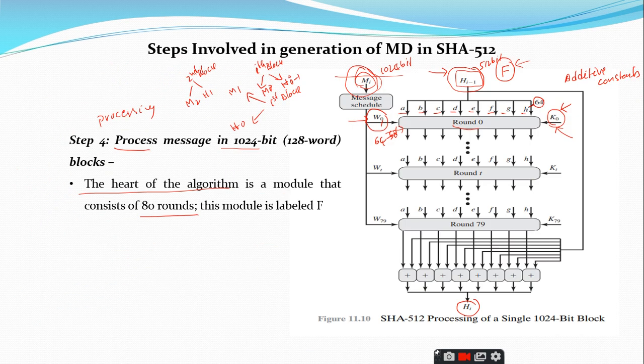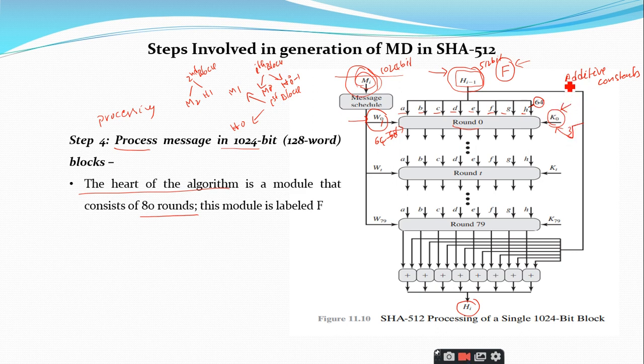In a similar fashion, for generation of this K0, the additive constants, the logic is to take the first 64 bits of the fractional parts of the cube roots. Here they use the cube roots of the first 80 prime numbers. What is the reason for adding these additive constants?